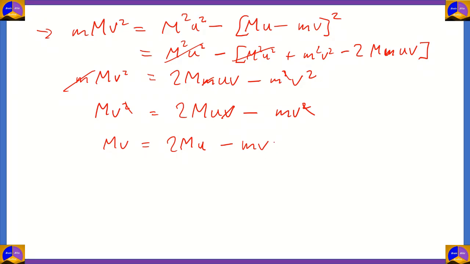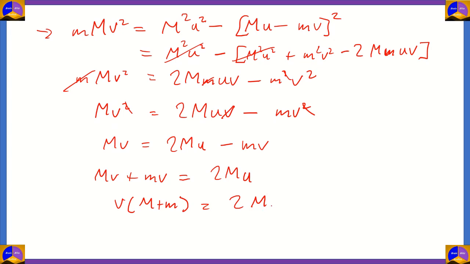So we take minus m v to the left hand side, so you get M v plus m v equals 2 M u. So v times M plus m equals 2 M u. So therefore the value of v here will be 2 M u divided by M plus m.